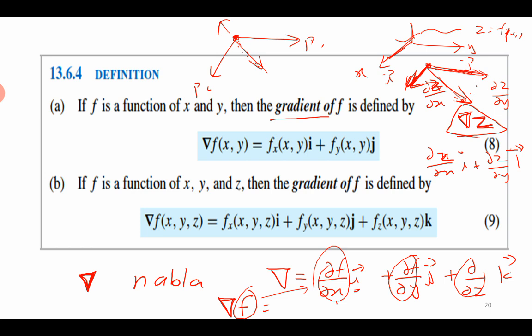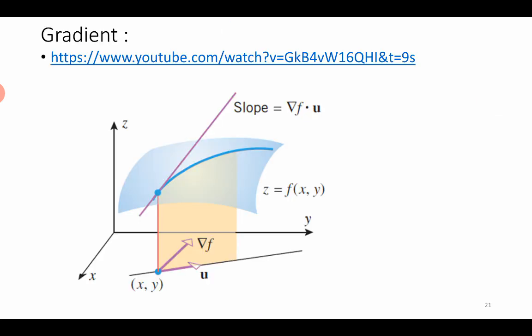Now we will see one more beautiful thing: the relation between the gradient and the directional derivative. We know the directional derivative of f in the direction of u at the point (x0, y0).